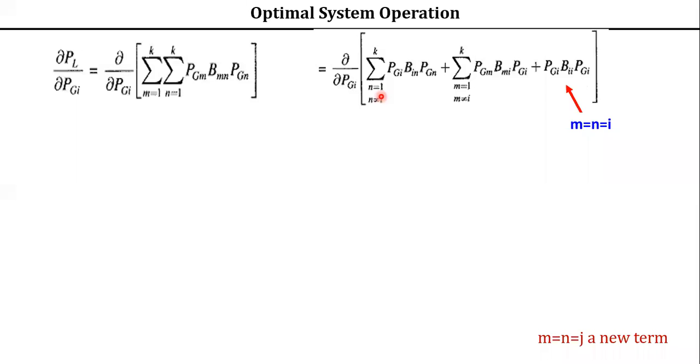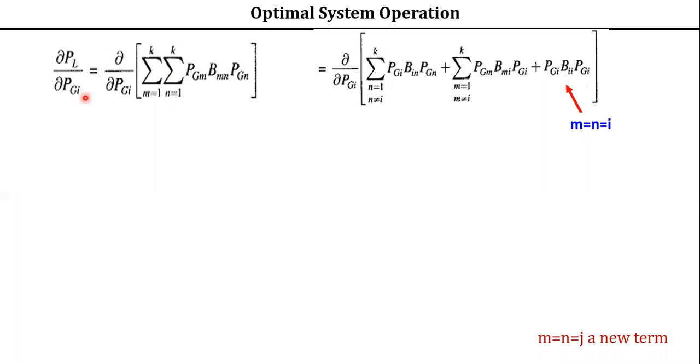So when we are removing the ith plant from this summation, how should the equation be represented? Here m is not equal to I, and here n is not equal to I, isn't it? Because we have removed the ith plant. So m is equal to 1 to k includes the ith plant, and n is equal to 1 to k includes the ith plant.